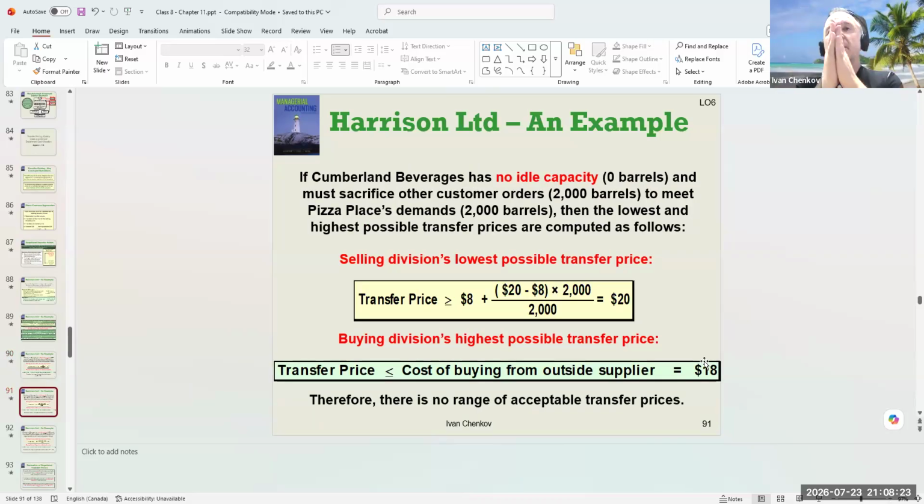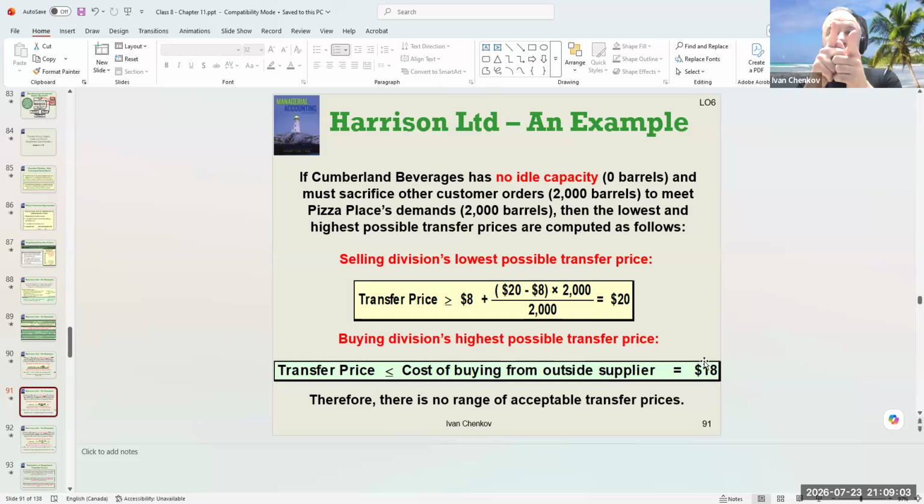The other scenario is if the ginger beer department has no idle capacity, meaning we're producing 10,000 barrels and selling 10,000 barrels outside to our customers. If the pizza place comes and says, can you sell me 2,000 barrels of ginger beer, we have to stop regular sales at $20 and give it to the pizza place.